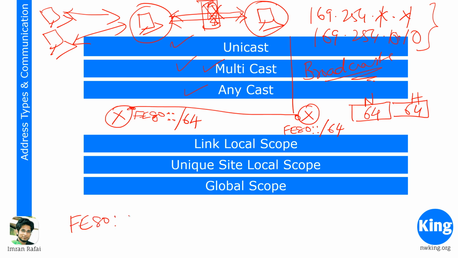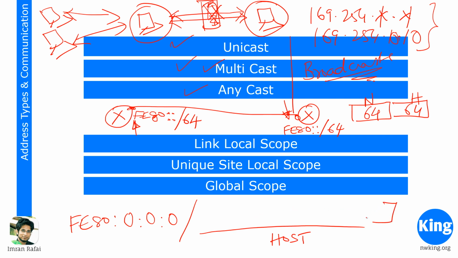FE80 and then zeros, and then there is a host part. So this host part is different for this device and it is different for this interface. Now this is automatically configured.